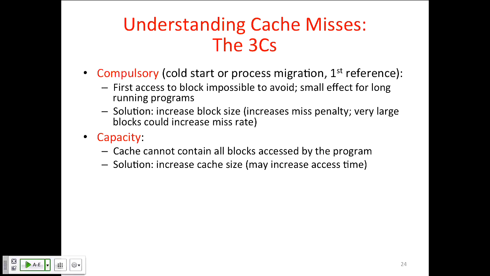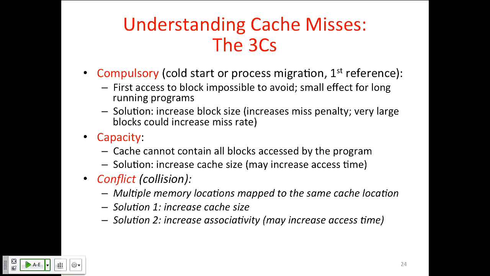They just cannot fit all that data in the cache at the same time, the data you're working on, and so those are going to be called capacity misses. And the obvious way to solve those is make your cache bigger. Give it more capacity. However, that will then slow the access time, right? So that's the trade-off. But the second C is capacity.